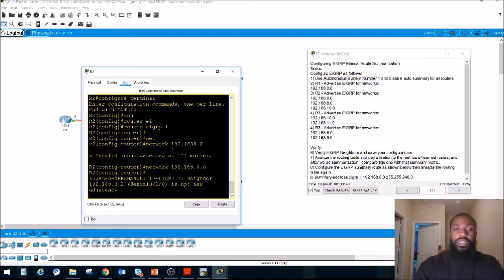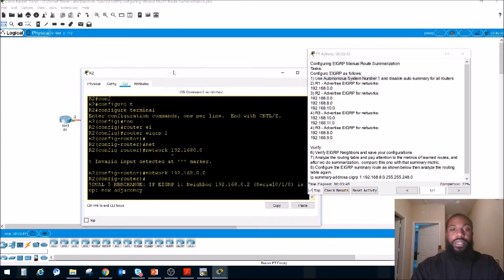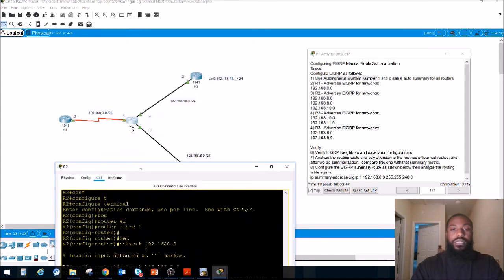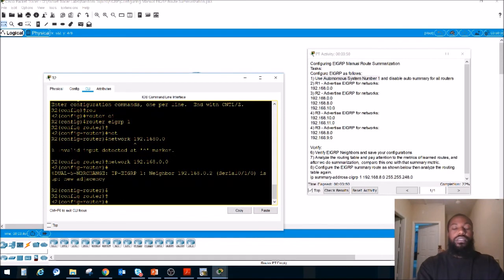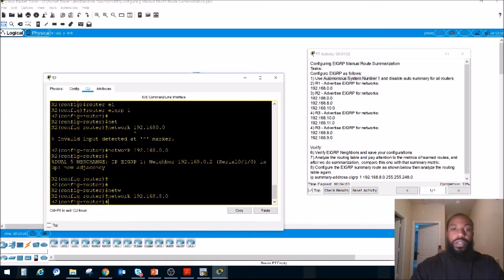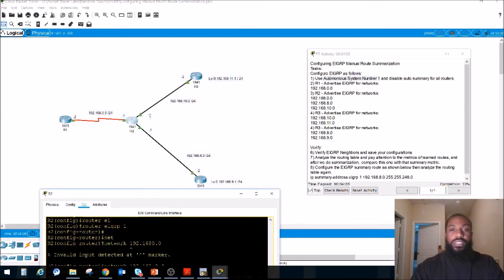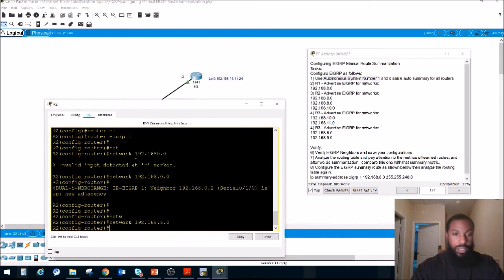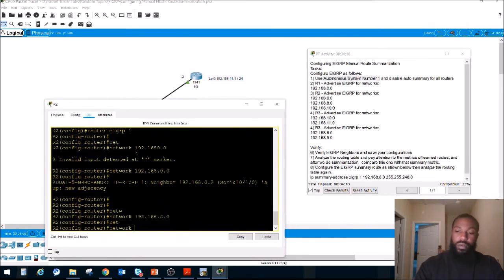All right, so now we got an adjacency between these two guys right here. So now network 192.168.8.0. We also want to do one for 10.0, which is up here. Network 192.168.10.0.